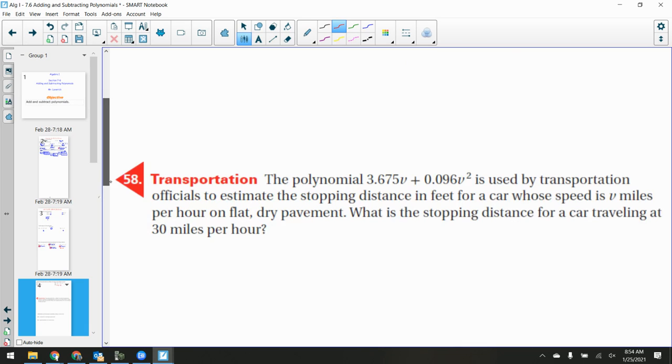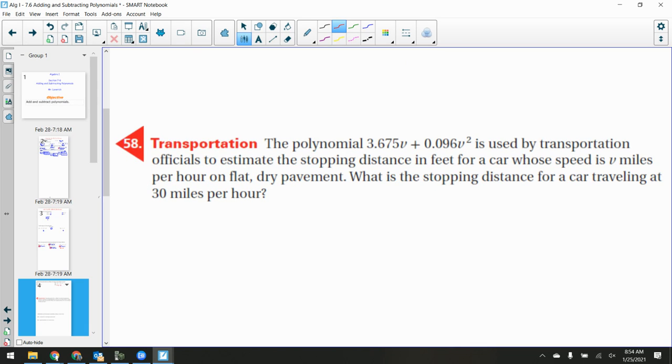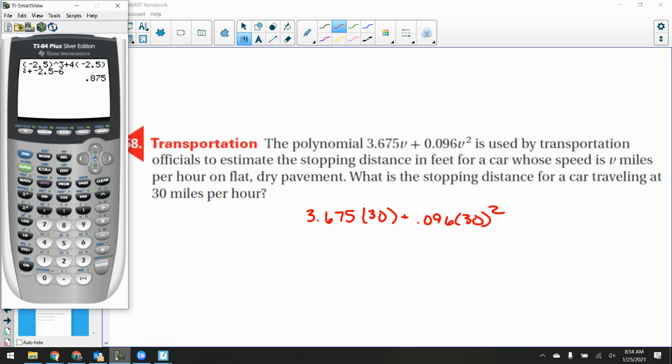Number 58, all I'm really asking you to do here is just plug in that 30. This is kind of the exact same problem that we had in class. Plug that 30 in for V, so 3.675 times 30 plus 0.096 times 30 squared. Let's see what we got. 3.675 times 30. Oops.